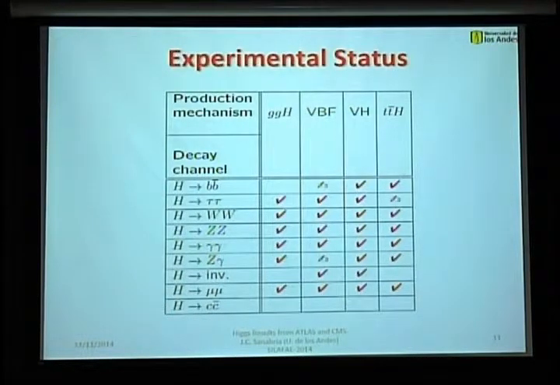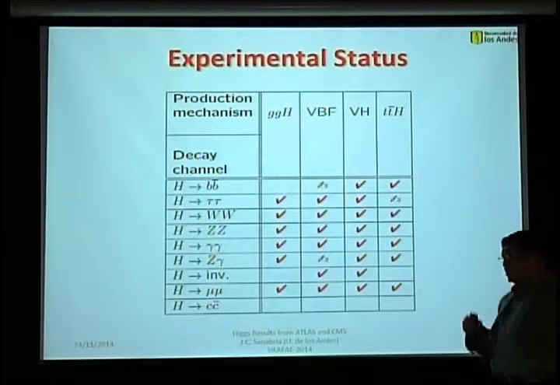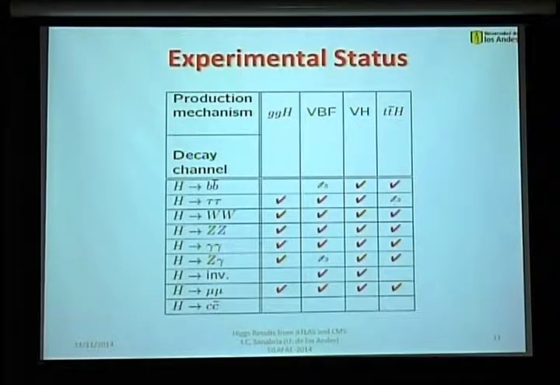The red checkmarks mean that work has been done and published, even if the statistics are not good enough for the result to be conclusive. The little hands mean that work is in progress and should be published soon. Someone was mentioning the c c-bar. This box is empty because the background is very difficult to handle.